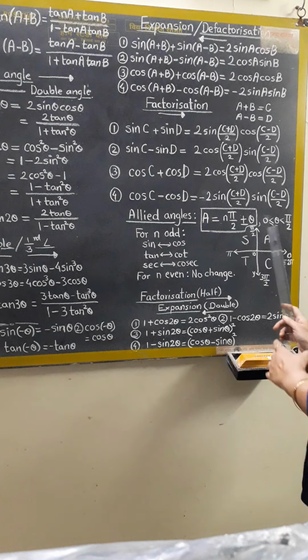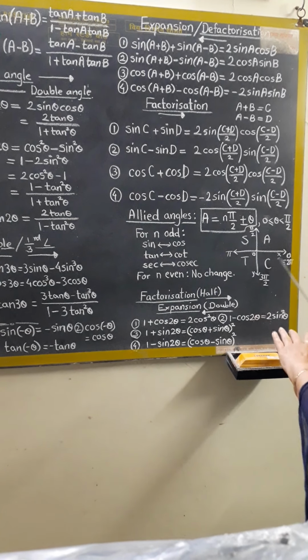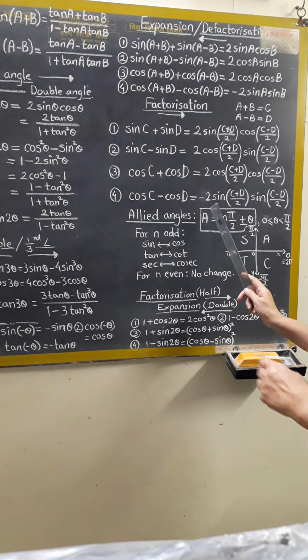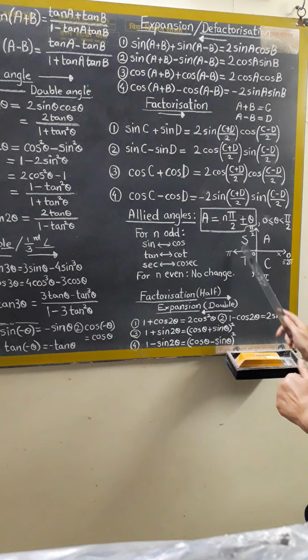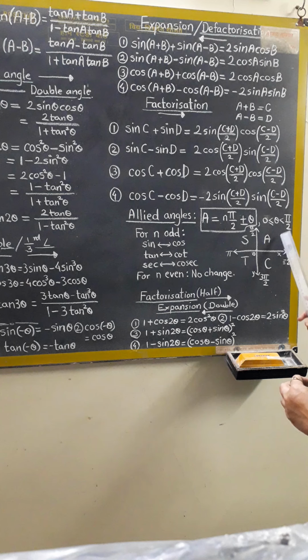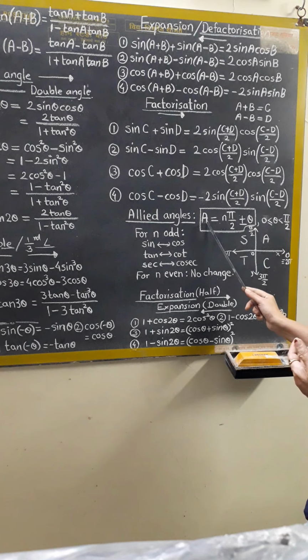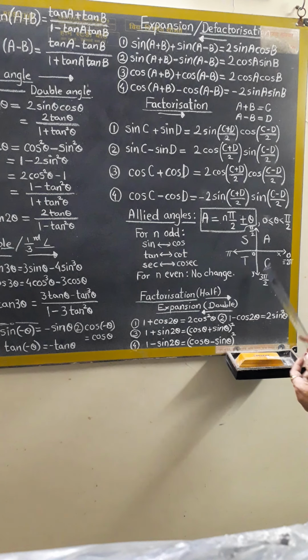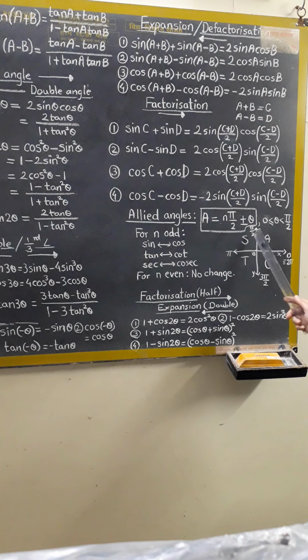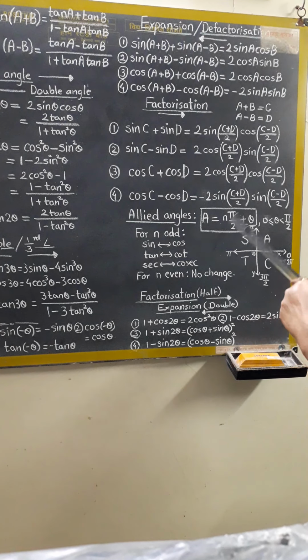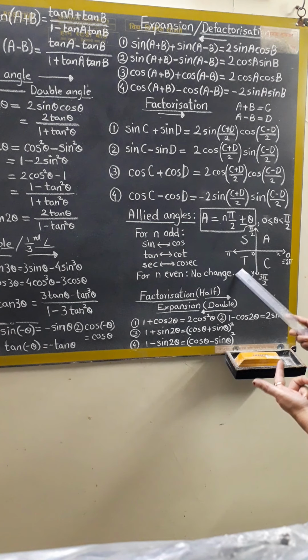And so with the help of this, see what measure is given to you. You can always check where the terminal arm of this given allied angle lies. Accordingly, use this rule ASTC and write the answer, whether it is a plus or a minus.